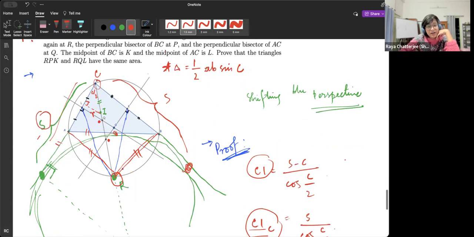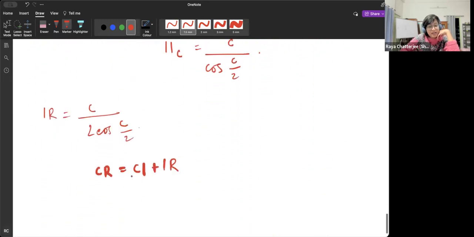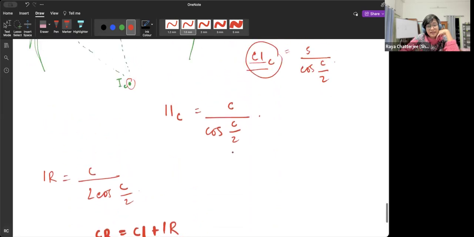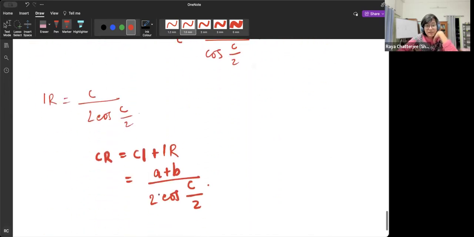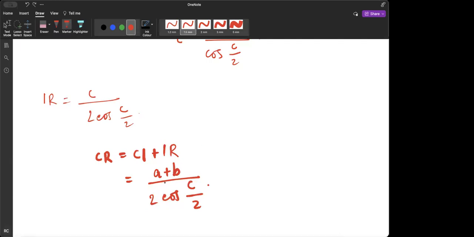Therefore, I can compute CR to be equal to (a plus b) over 2 cos(C/2). Makes sense? I just manipulated the S and c, and substituted S to be (a plus b plus c) by 2 and got the 2 to the denominator. Okay, perfect.